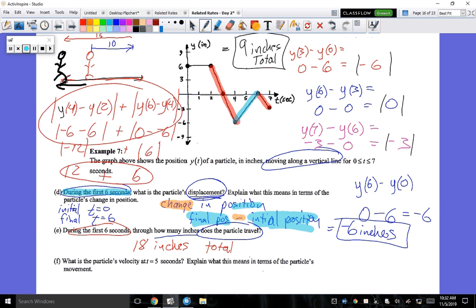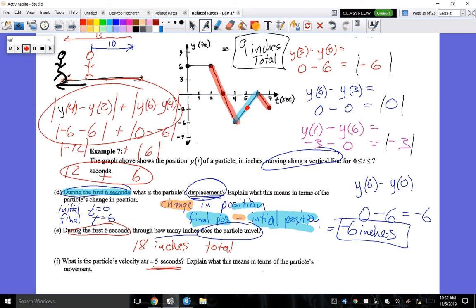Go with me? Okay. F, what is the particle's velocity at 5 seconds? So at 5 seconds, which is here, you tell me, what am I going to analyze to get this velocity? Just the slope of this graph, because this graph is f of x.